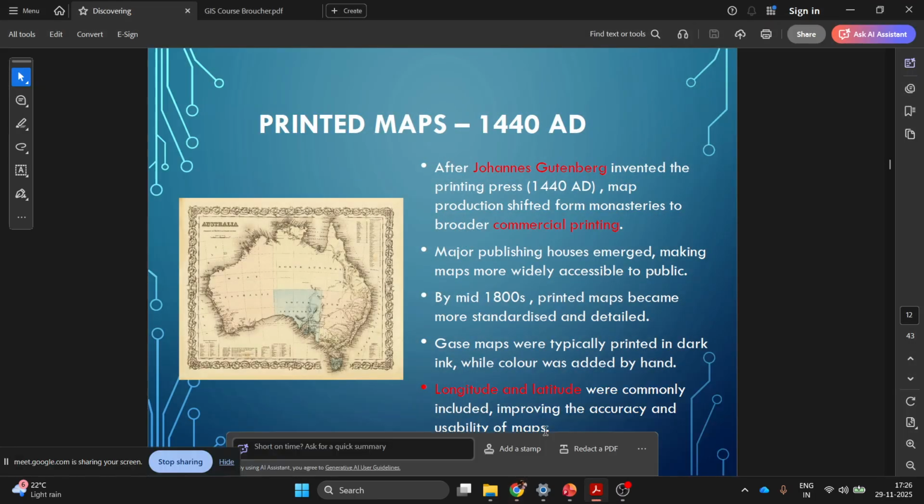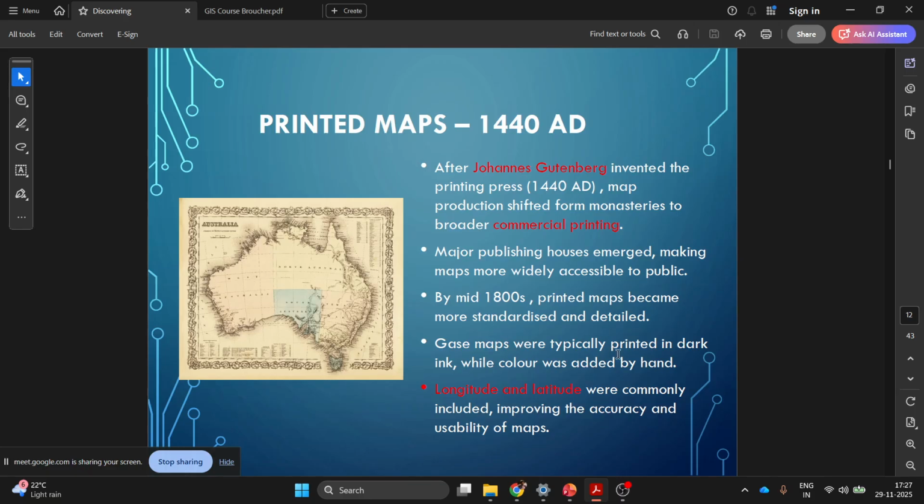So this map came into the hands of all the people, and it was a proper representation with respect to scale. A proper scale was developed, and one could measure the distance from one point to another. By the mid 1800s, printed maps became more standardized and detailed, so that common people could understand them.